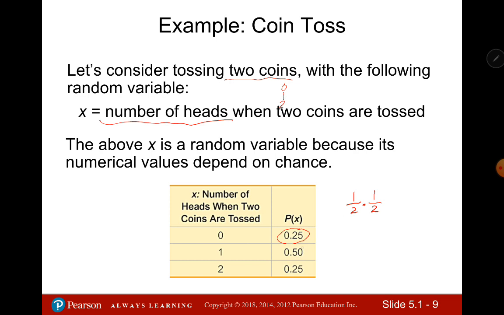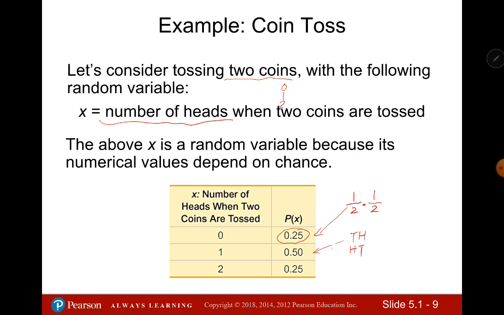Similarly, for the second one, how can we get the probability? First, we can have tail, head, or head, tail, right? So for one tail or one head, it's not a simple event, it's a compound event.